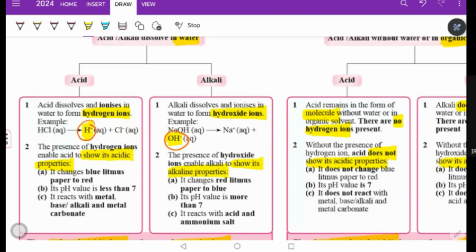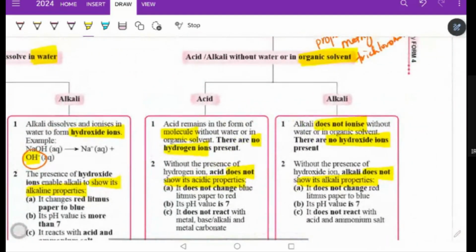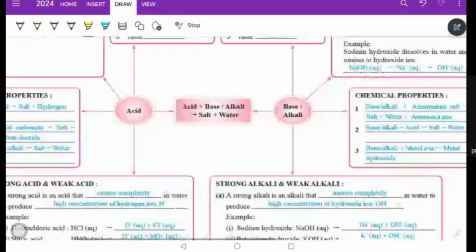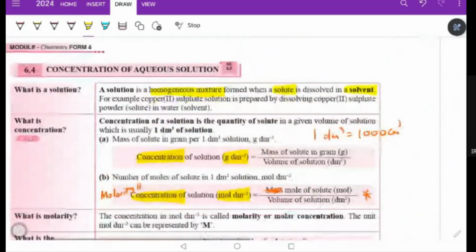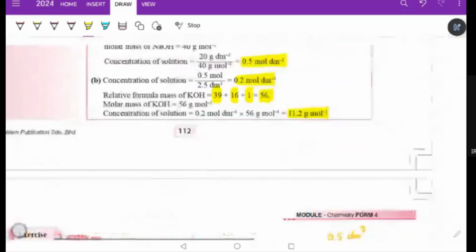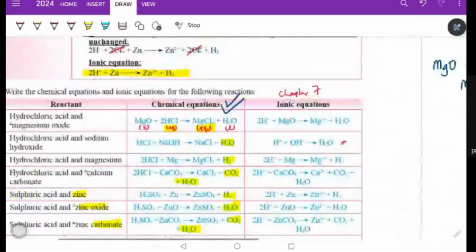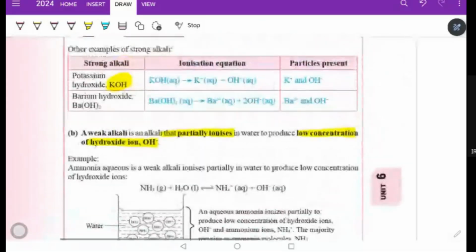Okay. For which one? For the pH value equals 13.1. Okay, correct. The other one? Another one, what is the example? Huh? Weak alkali. Yeah. Ammonia? Yes, can. Ammonia.